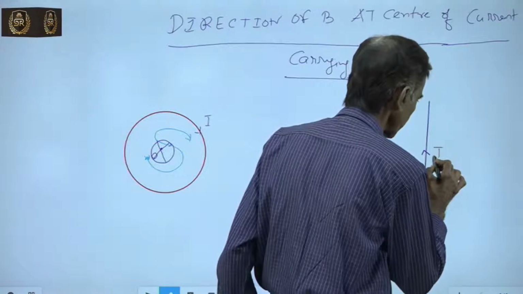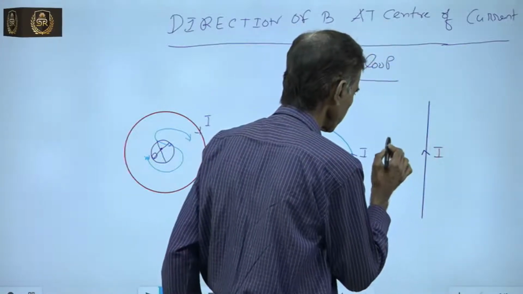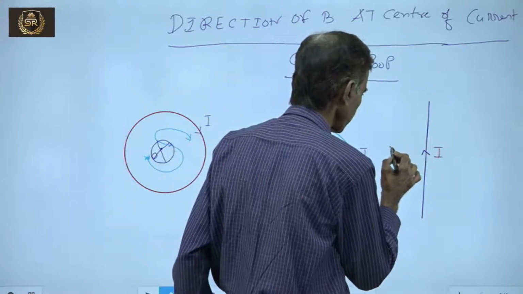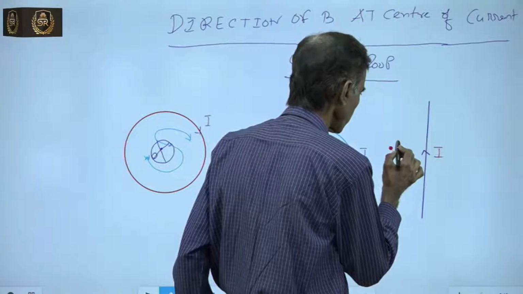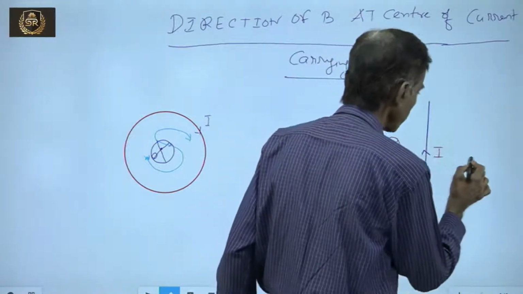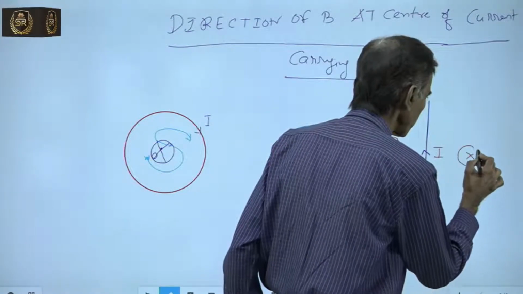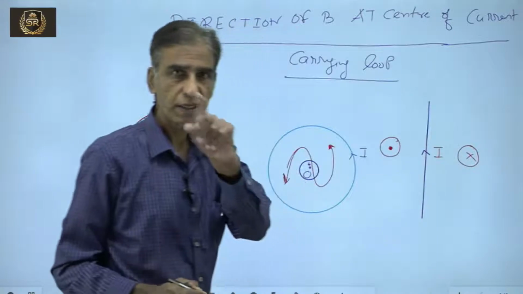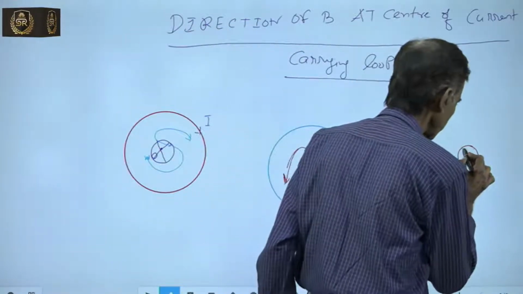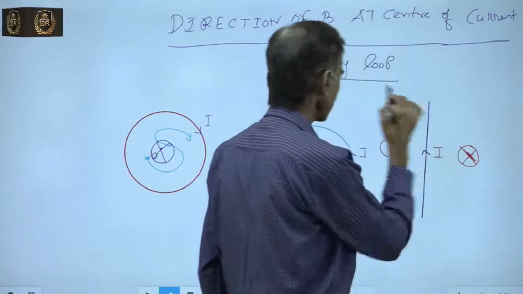Then the field to the left is out of the plane, and here into the plane. Out of the plane we put a dot in a circle, and into the plane we put a cross. So upward current is like anti-clockwise current.